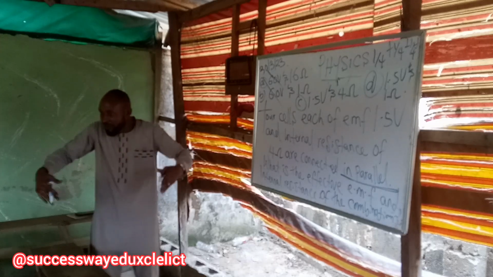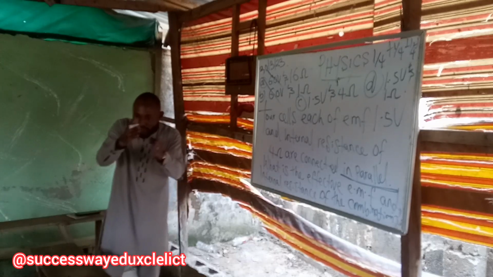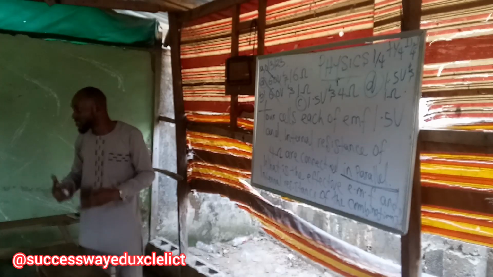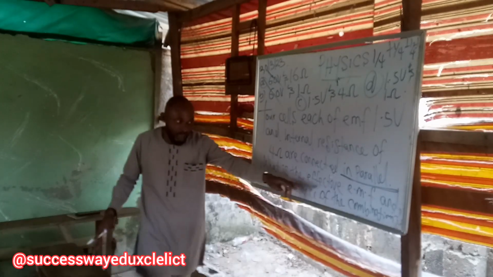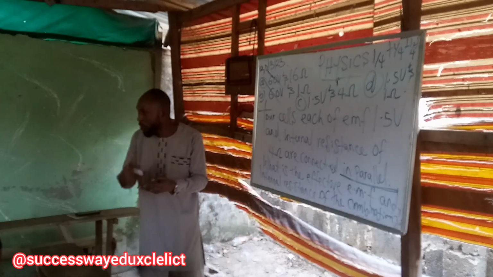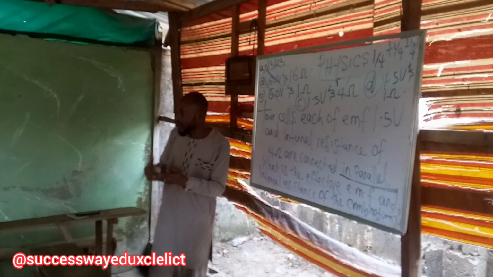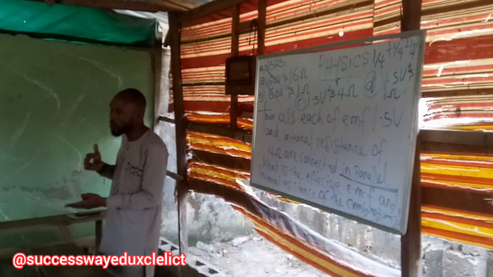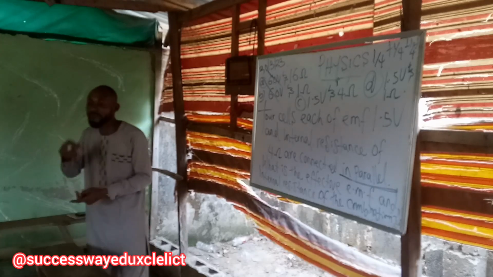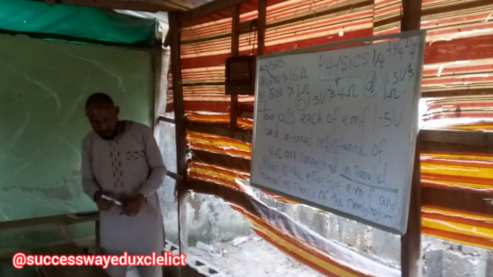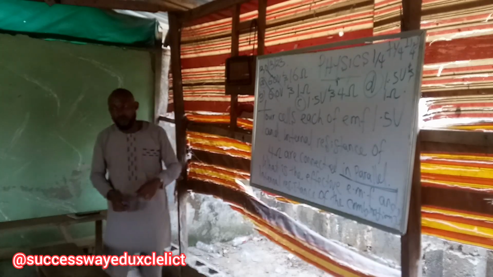Assuming they were connected in series, it would be R1 plus R2 plus R3 plus R4, giving 4 times 4, 16. But since they are connected in parallel, you have to look for the inverse. If you do this, eventually you have 1 as the answer. So that gives us option D.